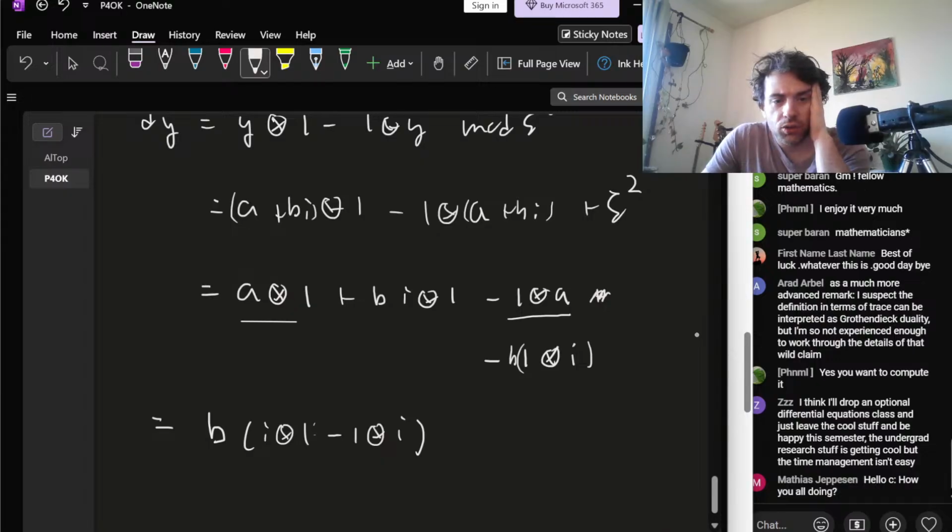Yeah, so it should just work out to this, right? That should be the differential of an arbitrary element.